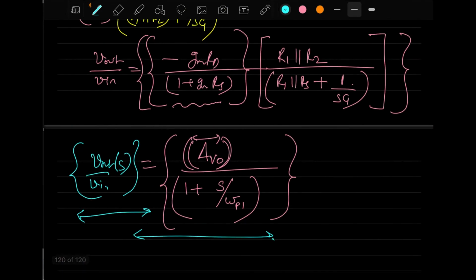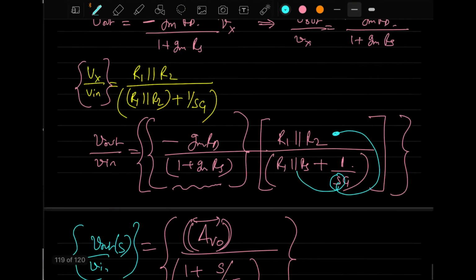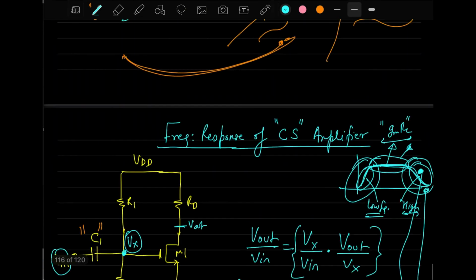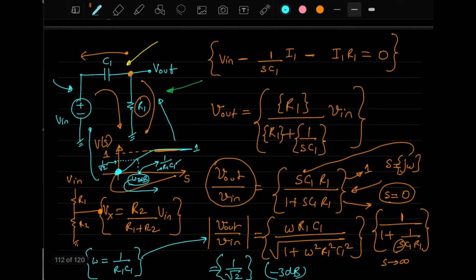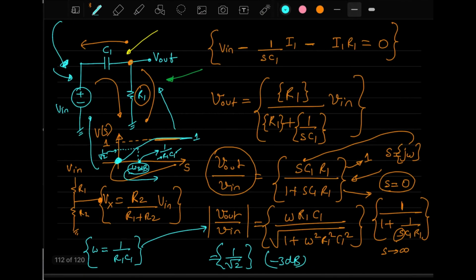And you can see now that S is coming this side and S is going in the numerator also. So you can see that the behavior is similar to this particular architecture which we discussed when we started our discussion. For this circuit, you have S at the numerator and S at the denominator also.